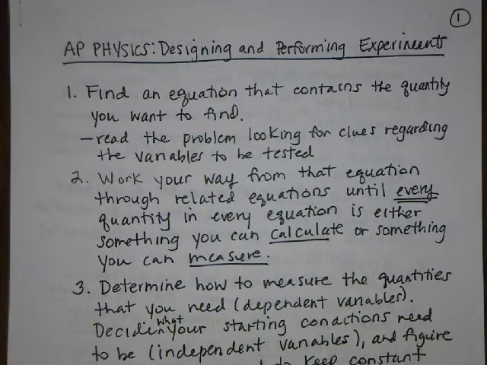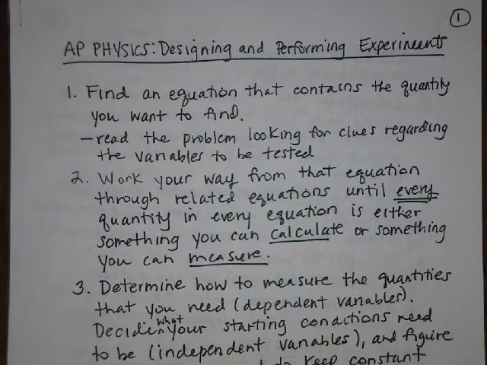Step number 1 says find an equation that contains the quantity you want to find. I always think about the equation, and you kind of go backwards from there.